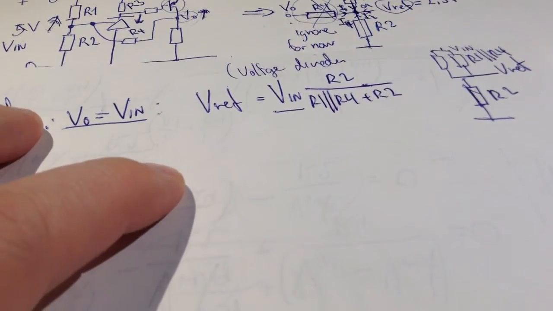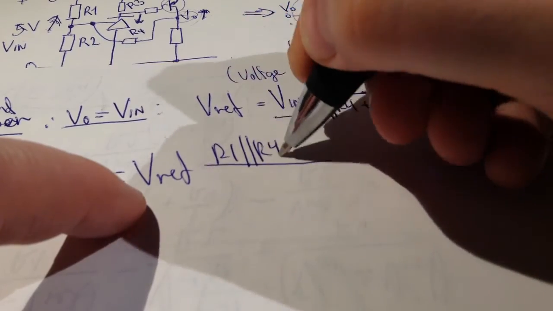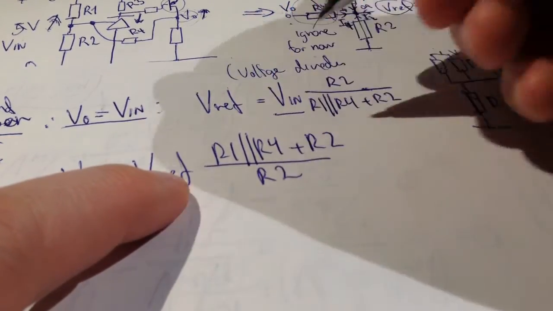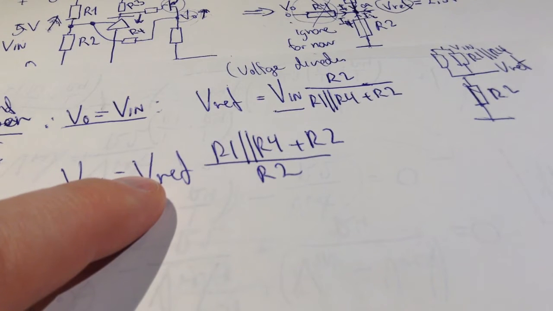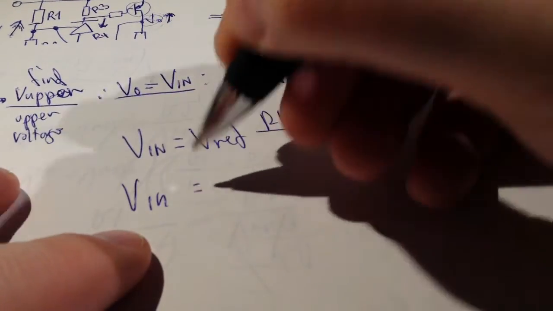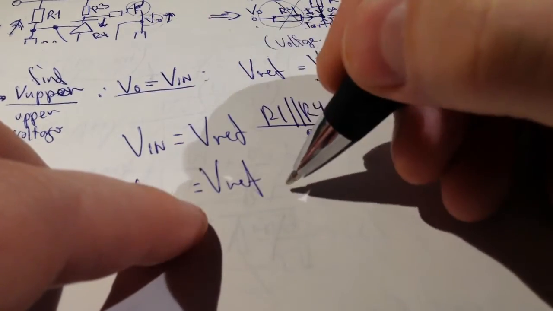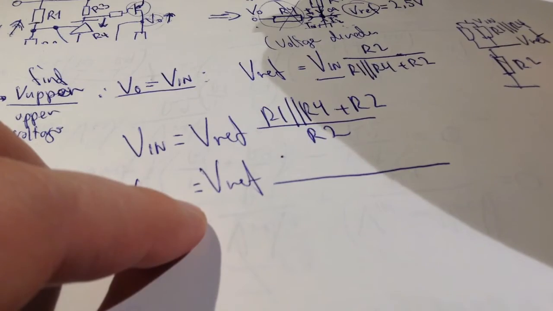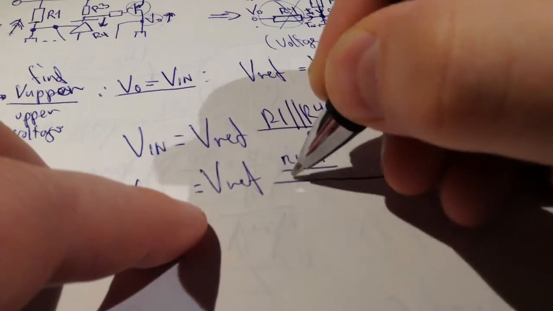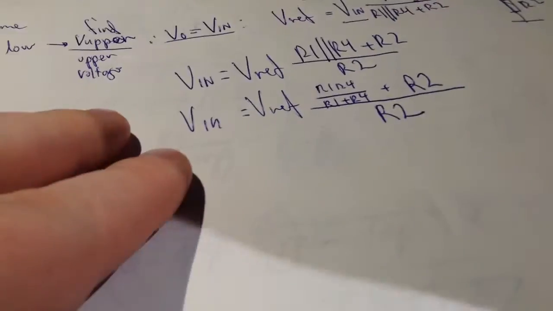But we are solving for V in this time, so let's do the same again as we did earlier. Just flip the equation over, so we get V in alone. And now let's replace the parallel sign with the actual formula.